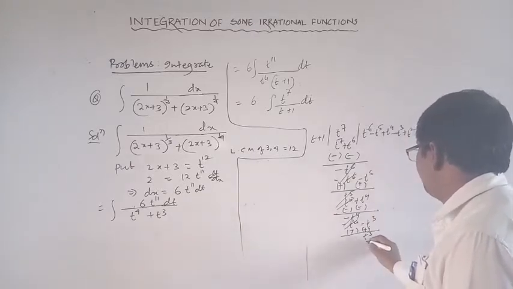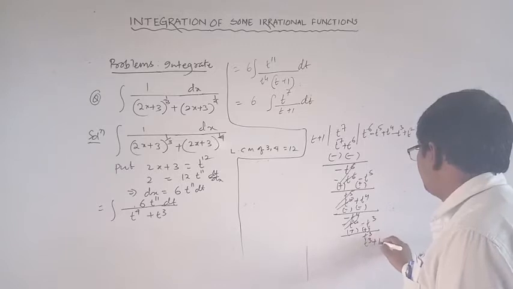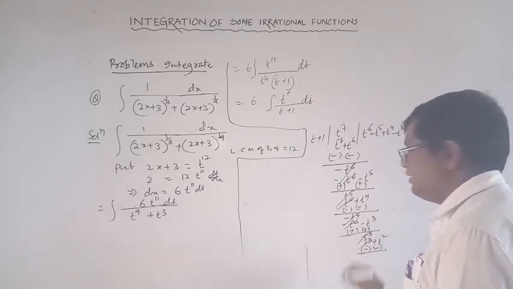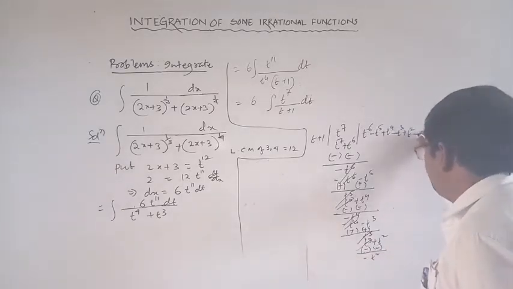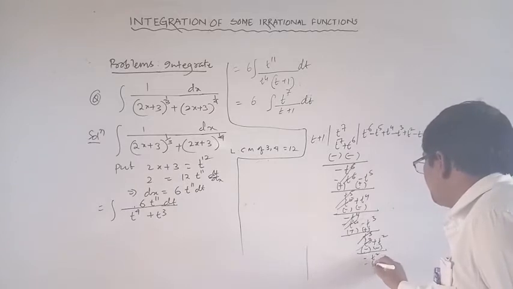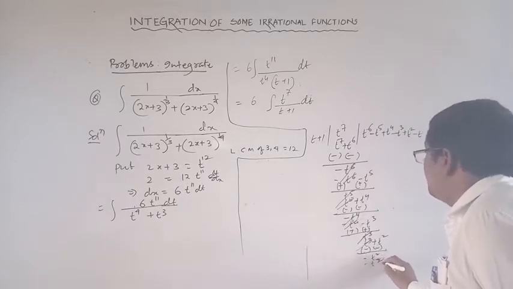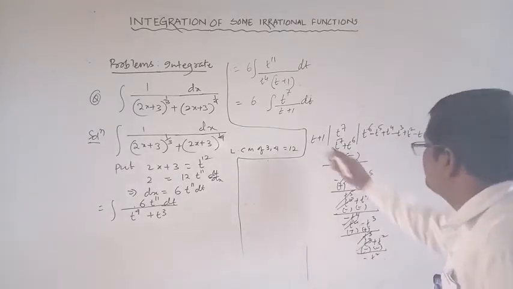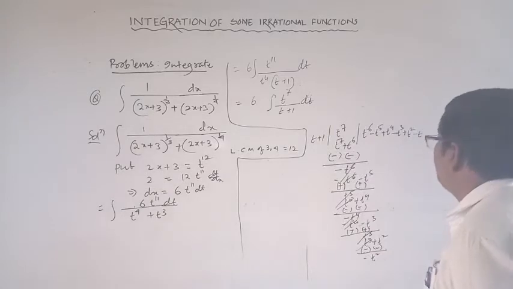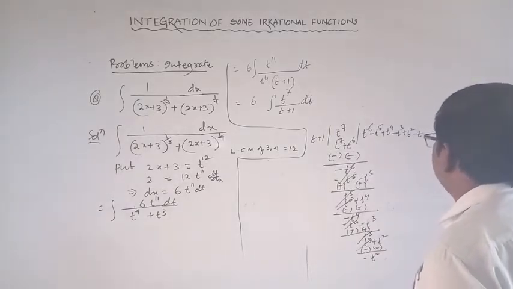This is equal to t cube plus t square minus, this is minus, so cancel here. This is minus t square and this is minus t square, minus t.